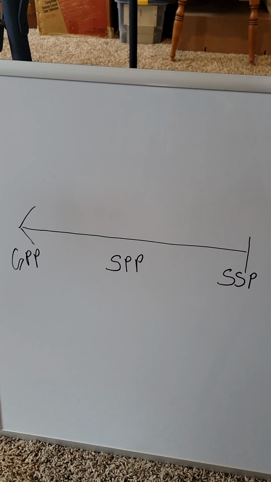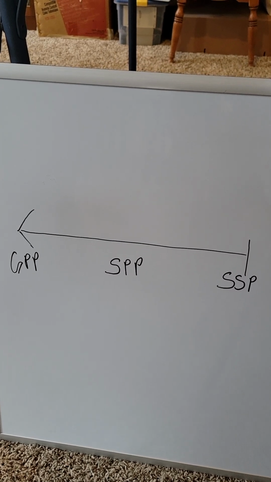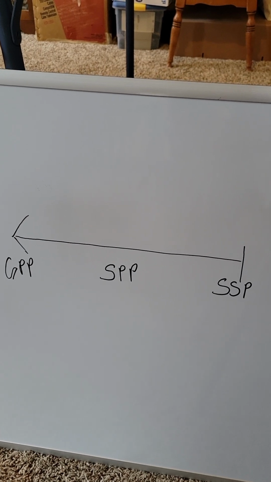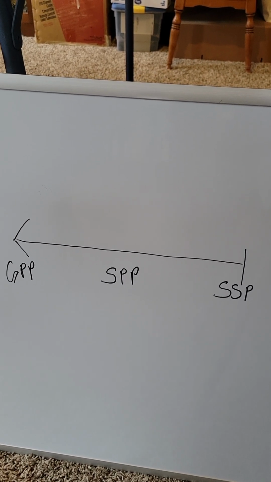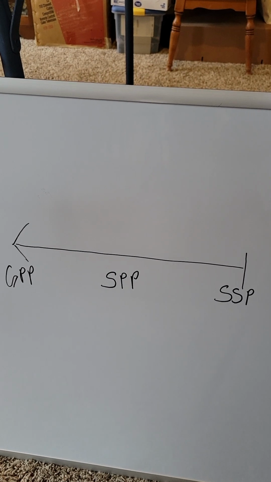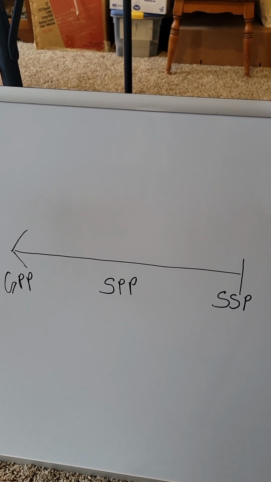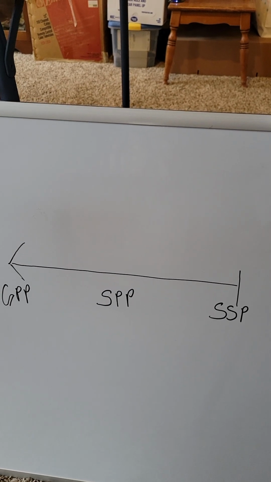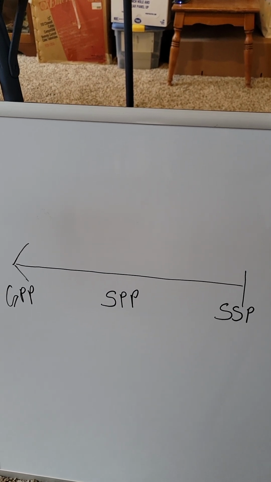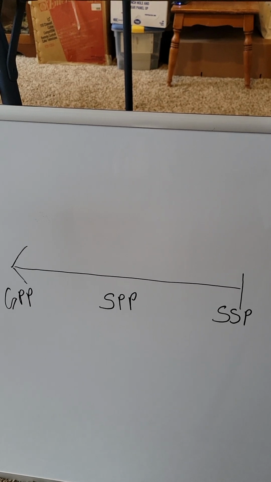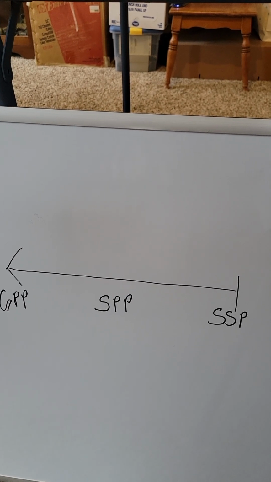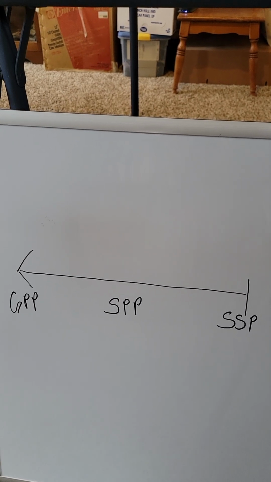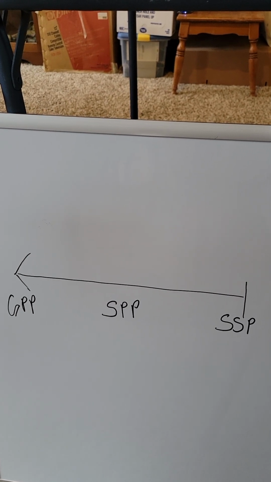Probably didn't need a ton of video to explain it, but as you can see, GPP is on the far left, SPP is in the middle, SSP, or your sport-specific preparedness, is on the right. On the right, there is a solid line, because you cannot get more specific than the sport. On the left, there's an arrow, because you can continually get more and more general or unrelated to the sport, so that really never ends.